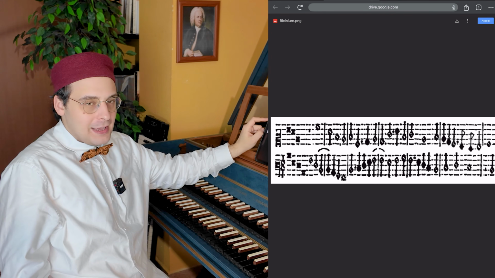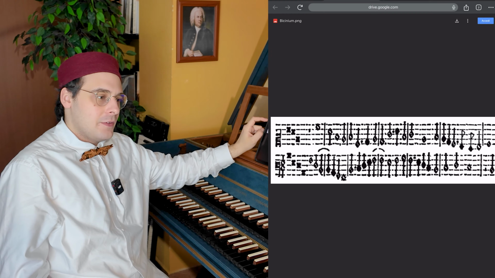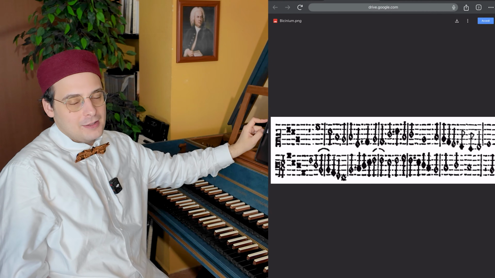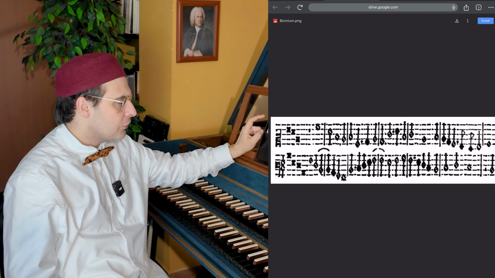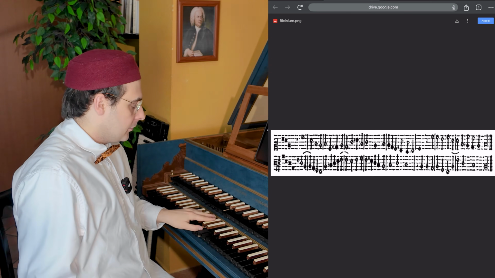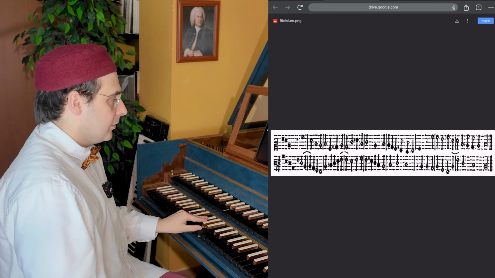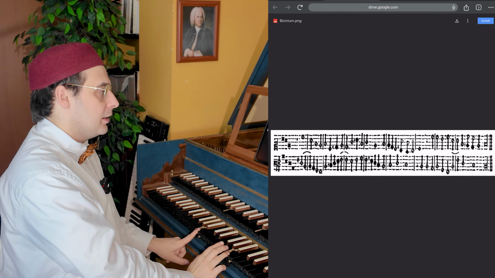The mezzo-soprano clef in the soprano does not work, in the cantus does not work. The mezzo-soprano clef can work as scrittura in chiavette acute in the alto clef. So, let's play first of all this, and let's apply our tools. The bass starts on a la mi re, and even the cantus.